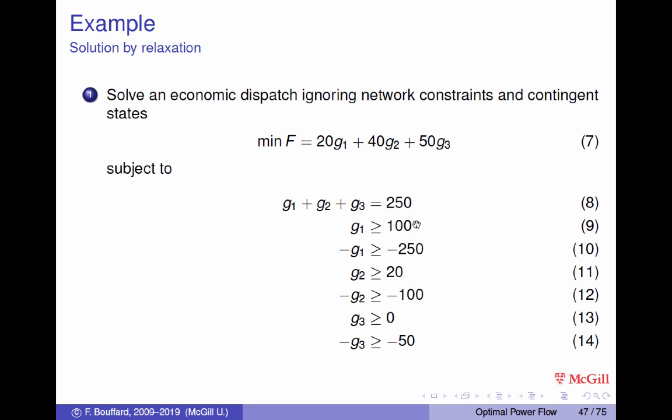And we have generation limits for generator 1, generator 2, and generator 3. So clearly what we see is that we have a linear objective function, one equality constraint, and a number of box constraints here.